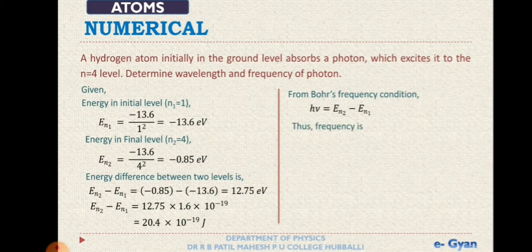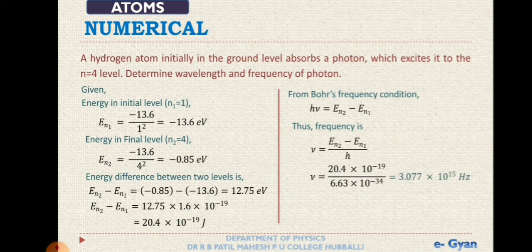Therefore, frequency can be given as nu equal to En2 minus En1 upon h, where h is Planck's constant. You already know the energy difference between the two levels as 20.4 into 10 raised to minus 19. By substituting the values, we get the frequency as 3.077 into 10 to the power of 15 hertz.